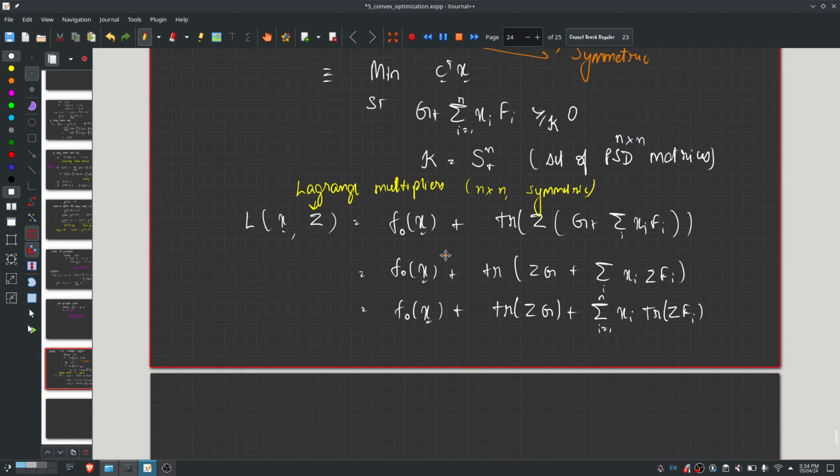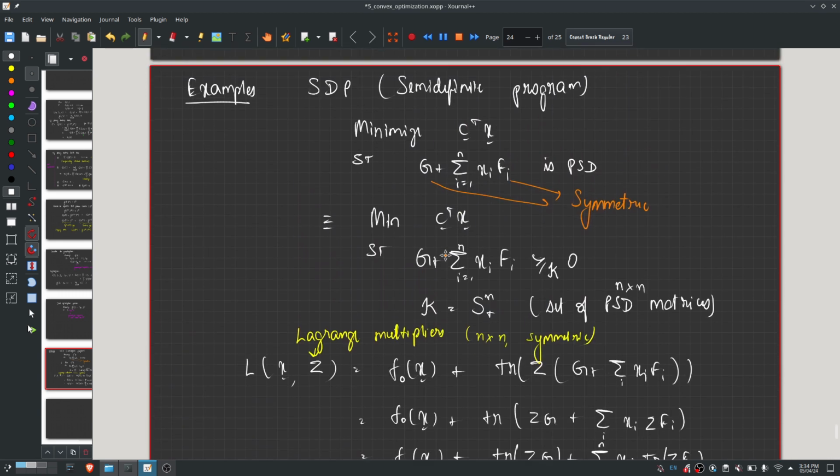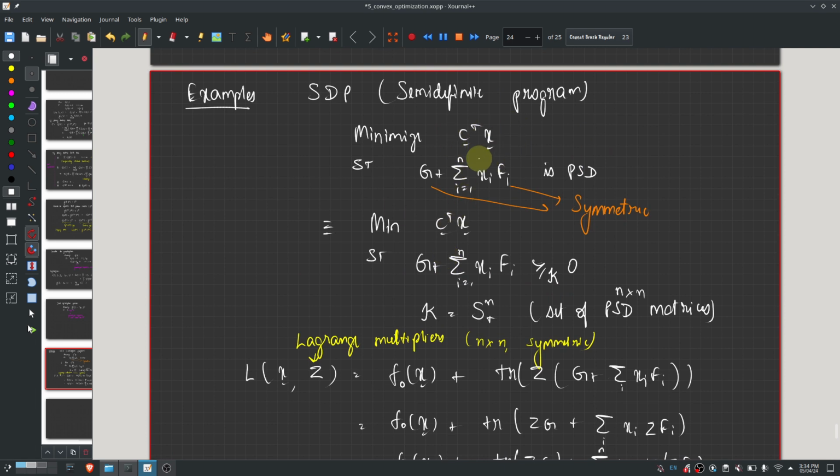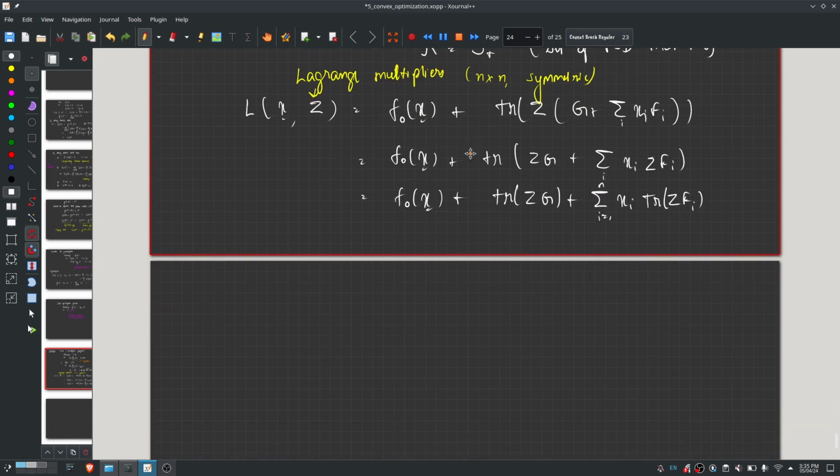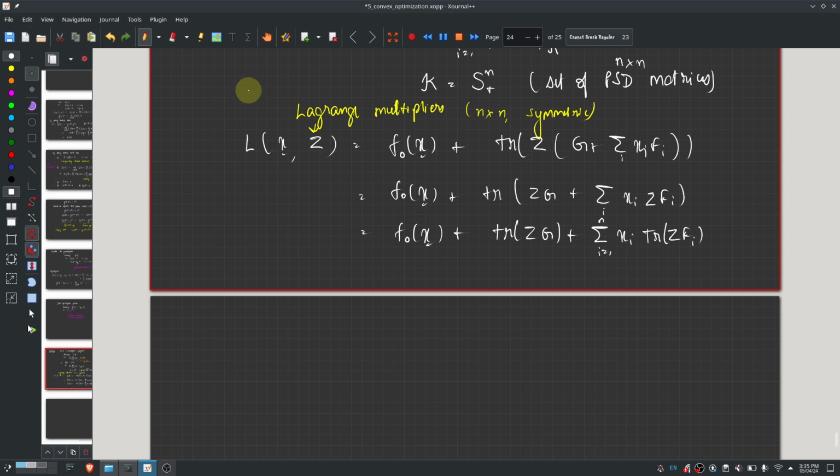But what is f0 of x equal to? It is c transpose x, which is just summation Ci xi, i equal to 1 to n.